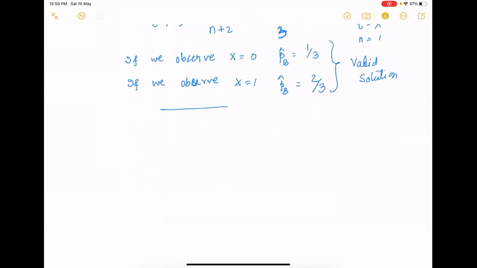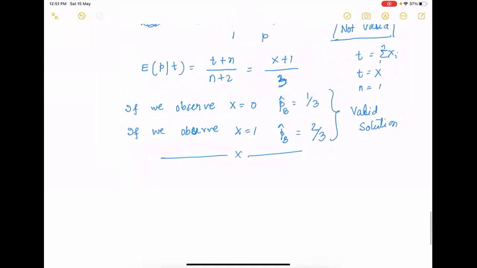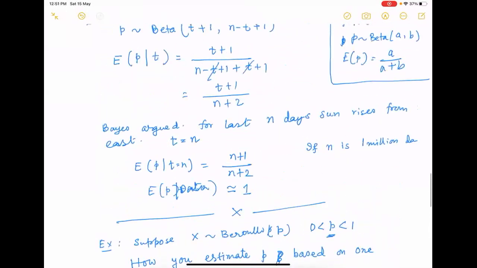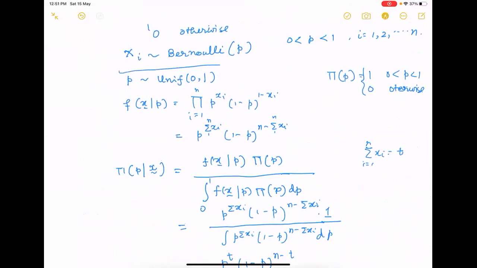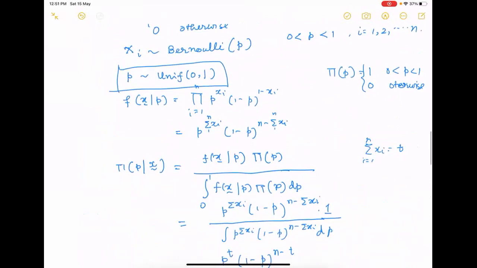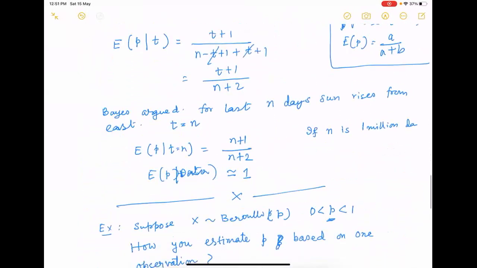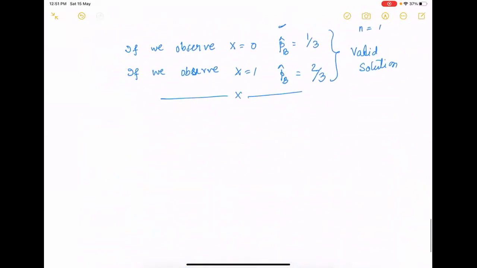I am going to quickly go on. Here I have developed everything based on one prior distribution, uniform 0, 1. It turns out uniform 0, 1 is a special case of the beta distribution when the parameters are 1, 1.